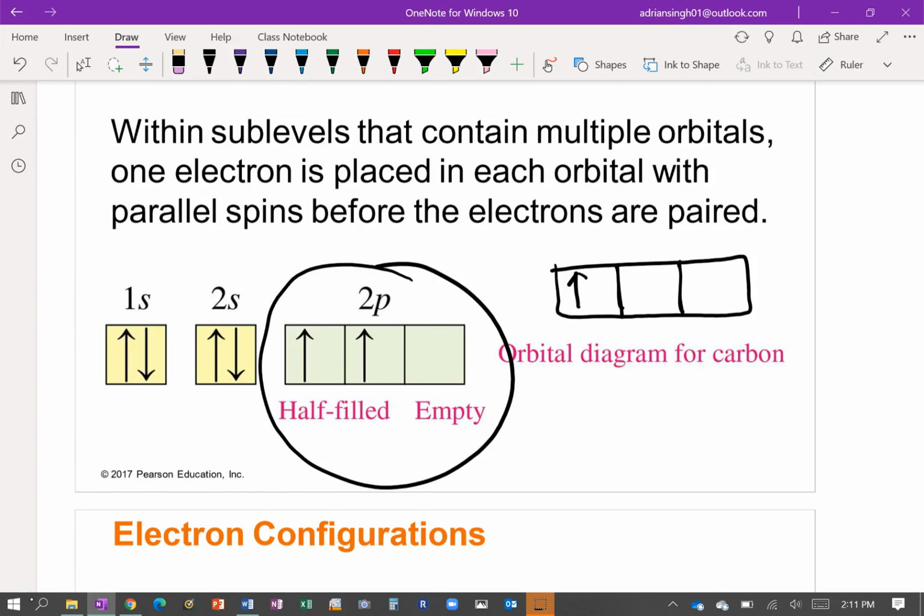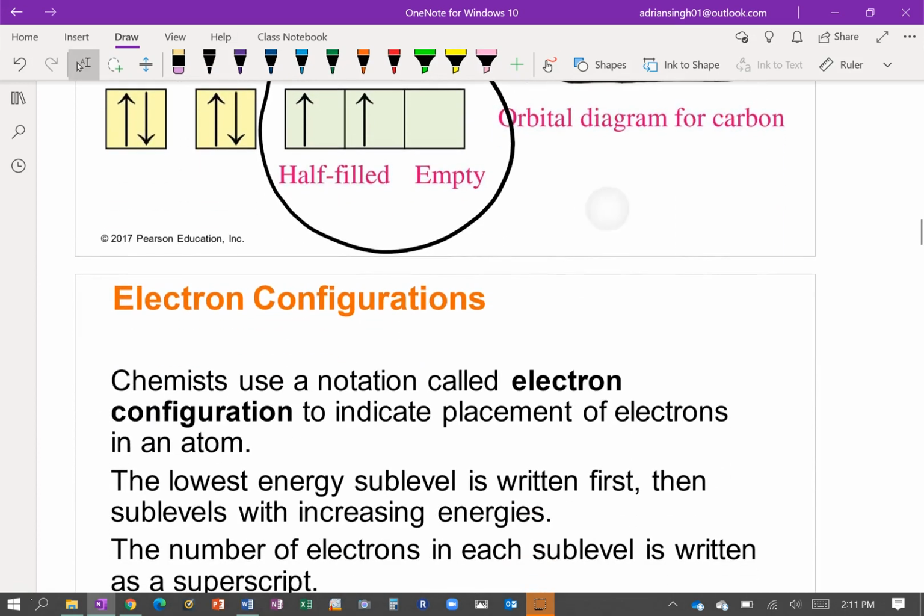You actually want to put one electron in each of the orbitals first until you have one in each, and then you start pairing up. That just has to do with the stability of the atom. It's way more stable to put one in each first and then start pairing them up if you have extra. And that only happens when you have sublevels that contain multiple orbitals, like the p, the d, and the f.